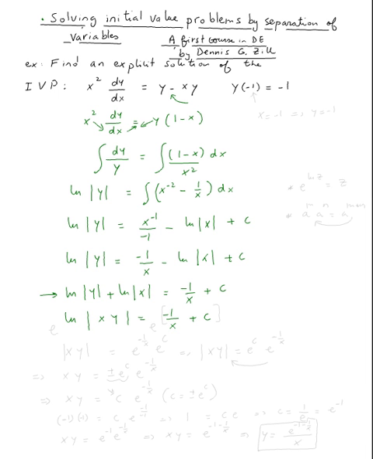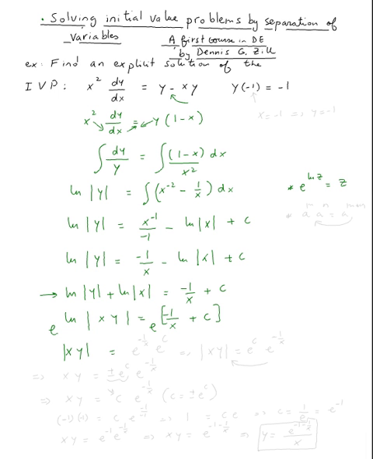Now take e to the left side is equal to e to the right side. Now e to the ln of something will be that thing, right? I'm using e to the ln of z is equal to z. So absolute value of xy, that's my z.